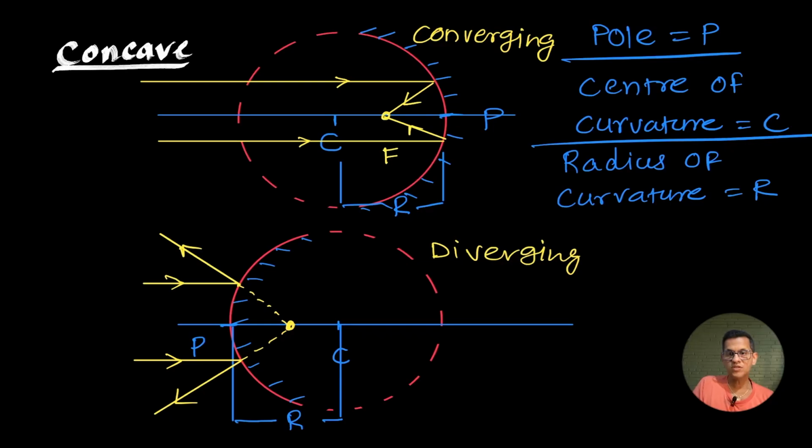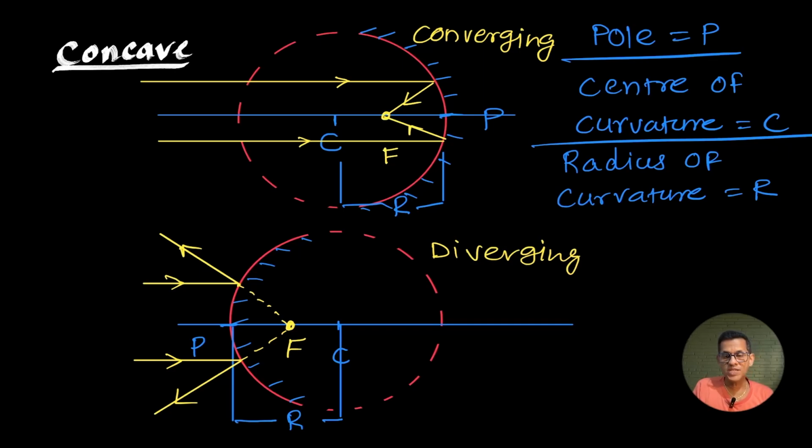And the point from where they appear to diverge is called the focus of a convex mirror. So the difference is, a concave mirror has a real focus, whereas a convex mirror has a virtual focus.